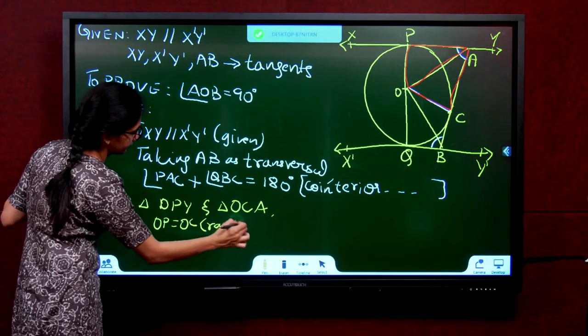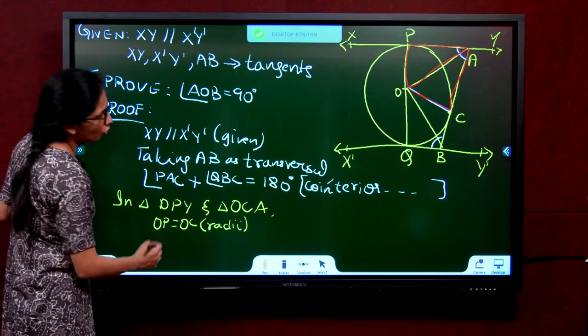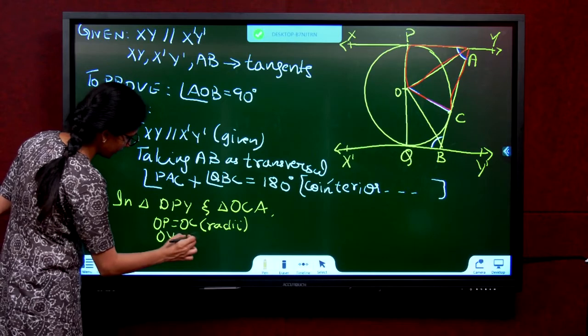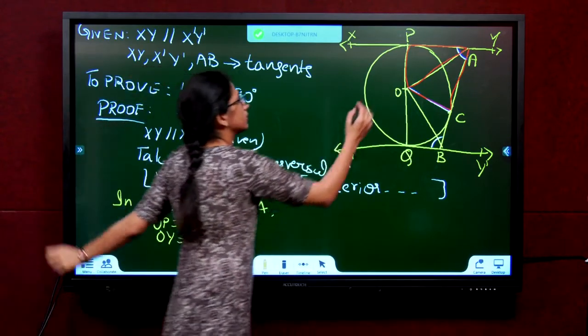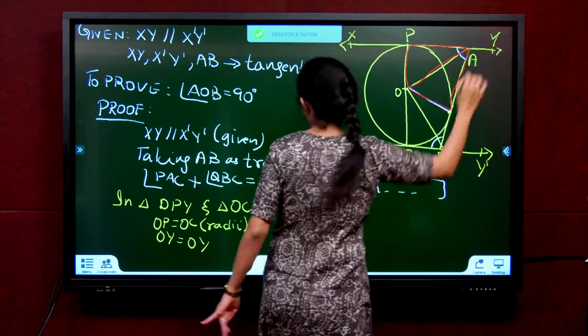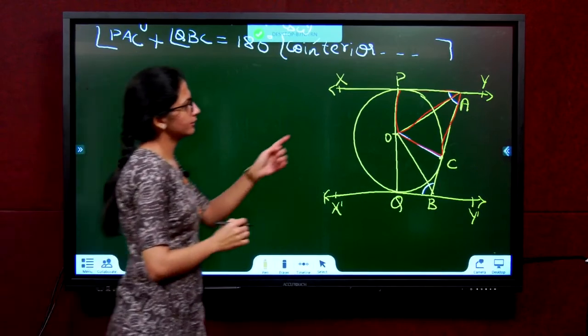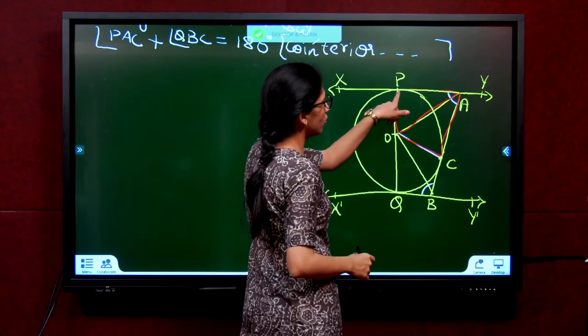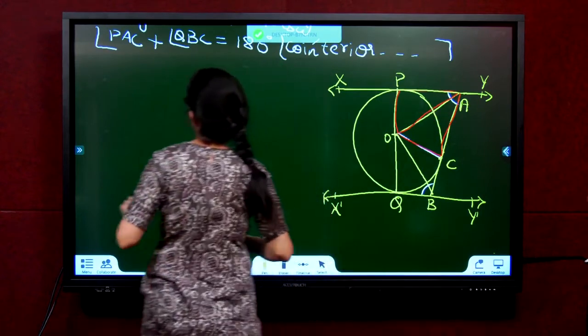Radii. Next, OA equals OA. Why? It is common. This is OPA. Y is outside, so cut. So now, in these two triangles that we just selected, OPA and OCA.